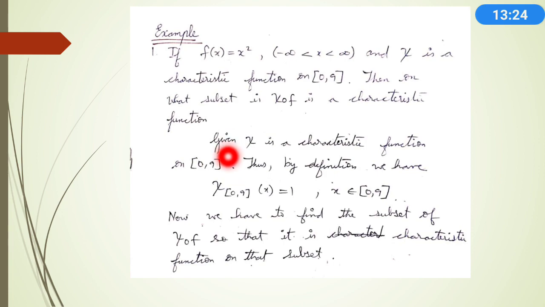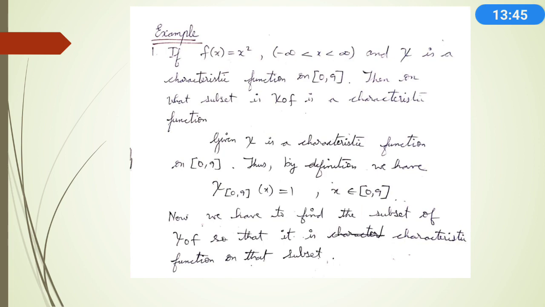You have to find the subset in which my psi composition f is a characteristic function. So what is given? My psi is a characteristic function. Since psi is a characteristic function on 0, 9, by the definition of my characteristic function, psi of 0, 9 of x will be 1 when this x belongs to closed interval 0, 9. If it doesn't belong, what will happen? It will be 0.